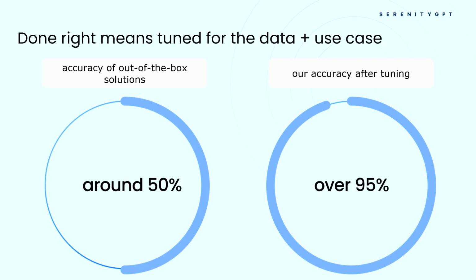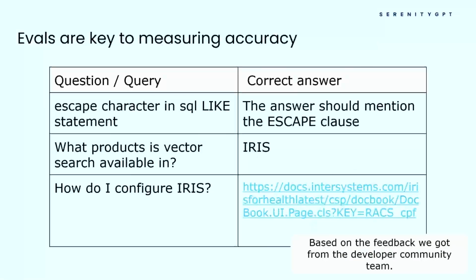So you may get to something like 50% accuracy in question answering, and where we take you is over 95% accuracy, and we do that by first providing measurability. A core part of what we do is being able to measure how well the system is performing, and we are doing that by starting every engagement with collecting a validation set, which is 20 plus questions and correct answers.